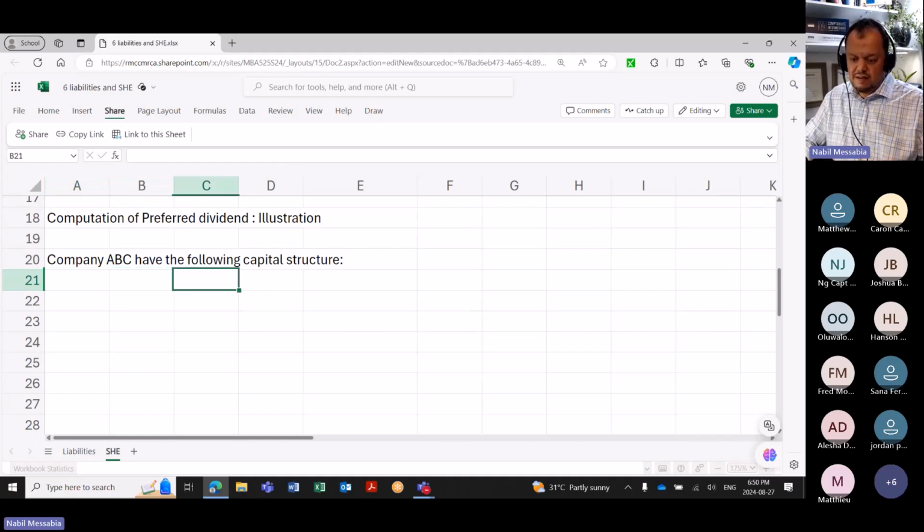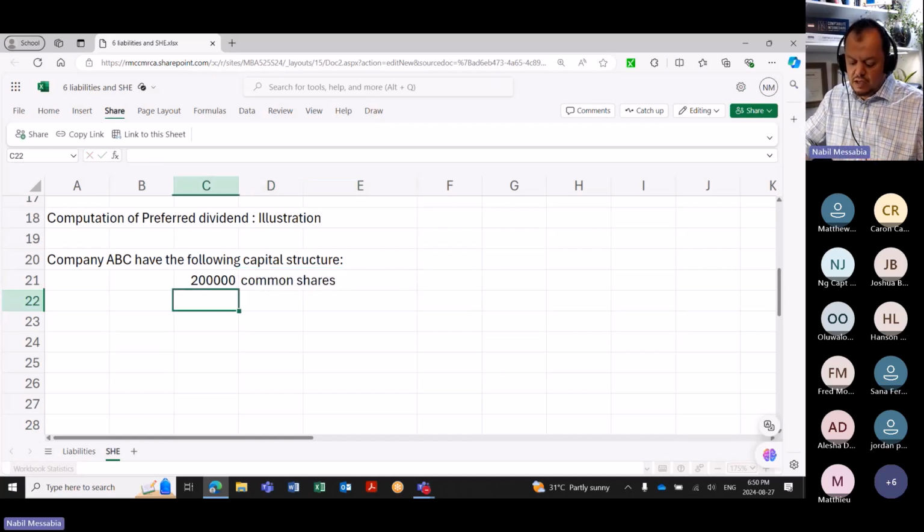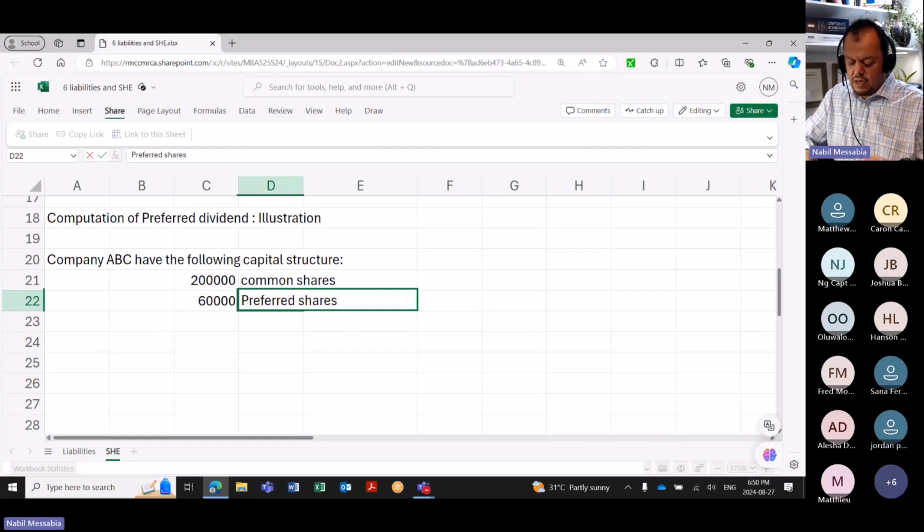Say they have, let's say, 200,000 common shares, and they have, let's say, 60,000 preferred shares. Preferred shares. And now I have to make some explanation.